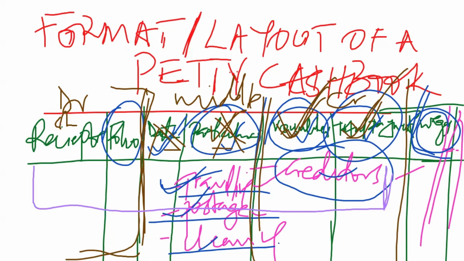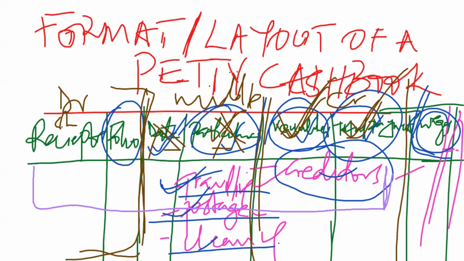The petty cash book ends at the total payment column, such that the voucher numbers and the total payments column will represent the credit side, while the receipts and the ledger folio on the left hand side columns will represent the debit side of the petty cash book. But the date and the particulars columns are in the middle, where they cater for both debit and credit side of the cash book.